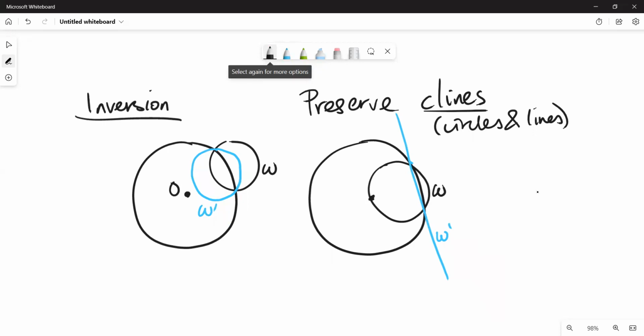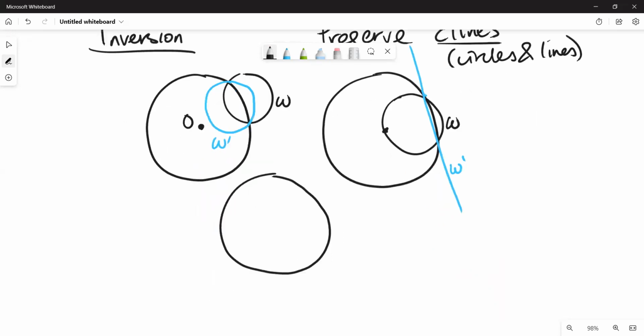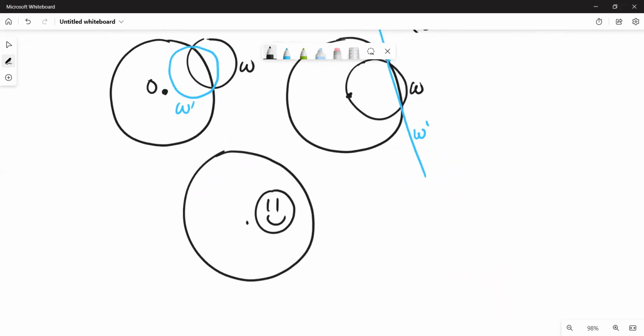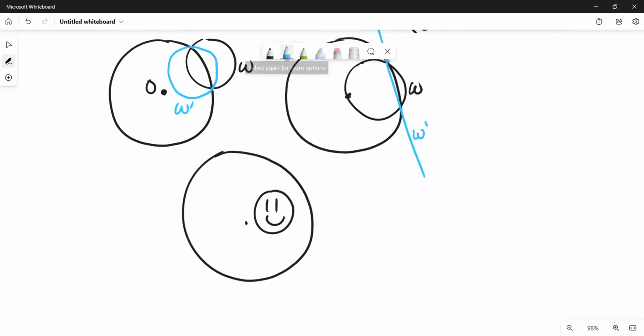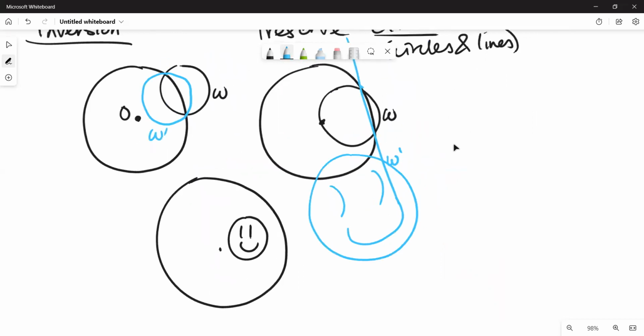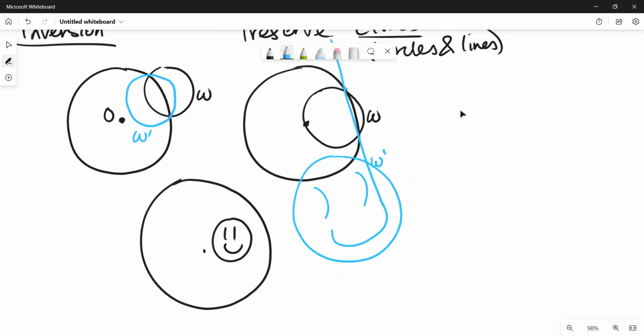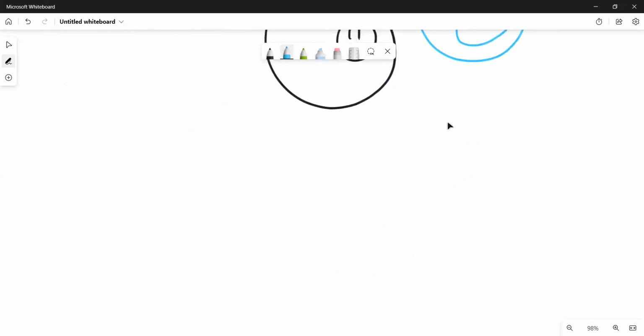If you have a random shape like this, then your image would be something like this. It will be distorted, and therefore we only look at circles and lines. So that's inversion, and we're going to do some problem solving using this technique.